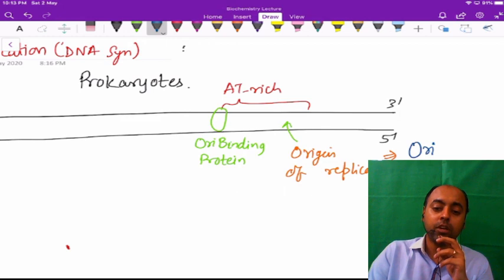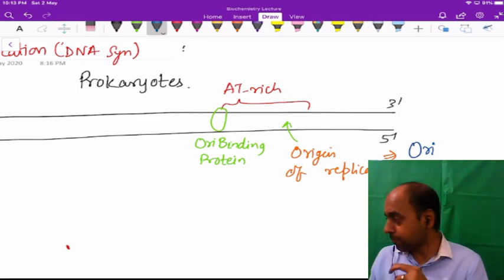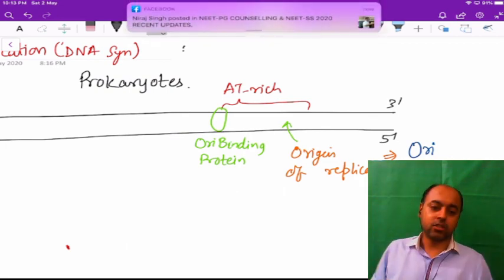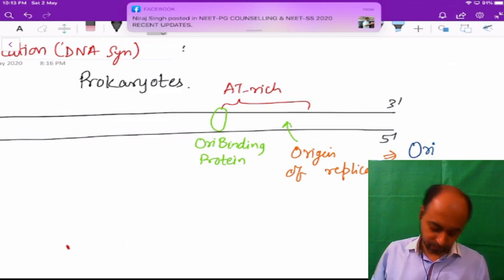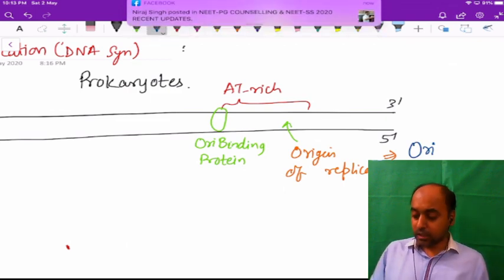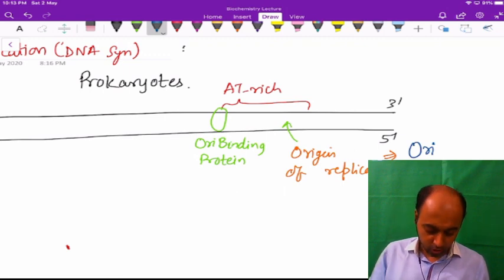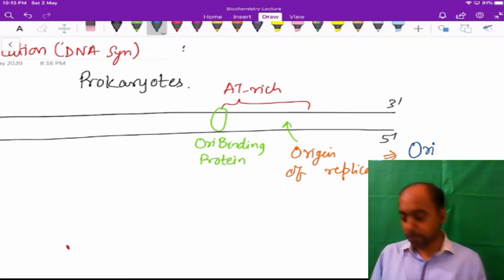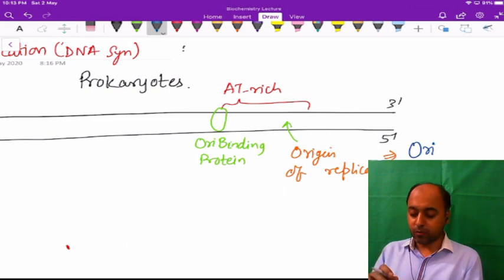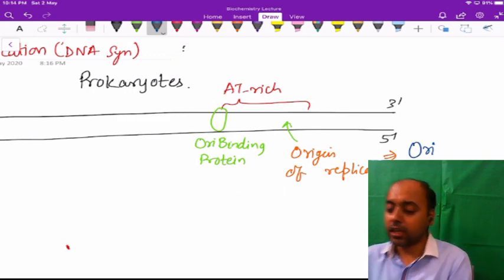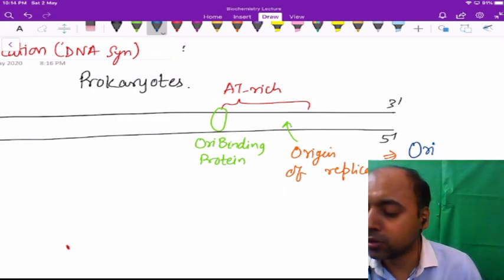So the ORI binding protein will come and it will attach to the origin of replication, or the ORI. A very important point to note is when I say ORI, it includes both the strands.